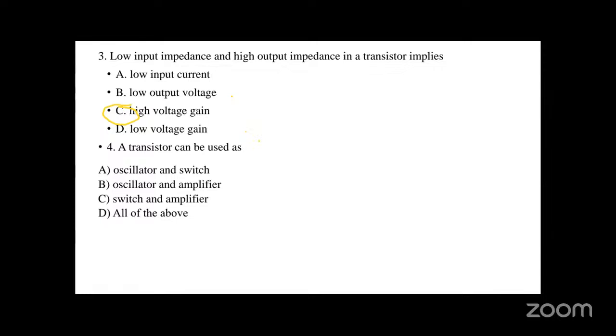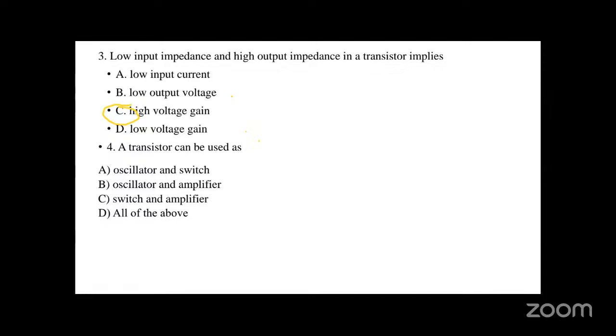A transistor can be used as, just like the first question we answered, and the options say oscillator and switch, oscillator and amplifier, switch and amplifier. Yes, we know that a transistor can be used as an oscillator, that is, to convert DC signal to AC signal.